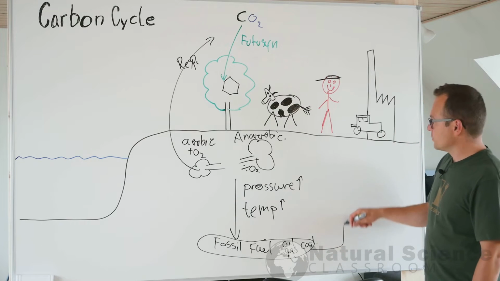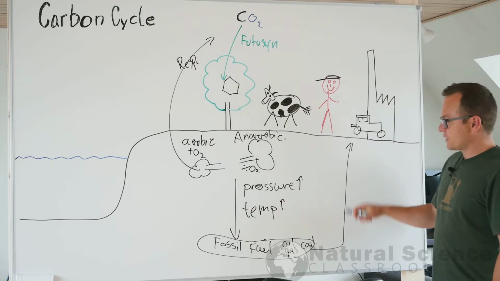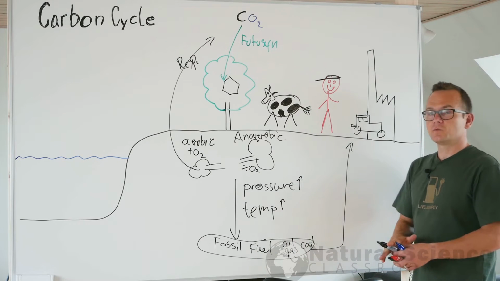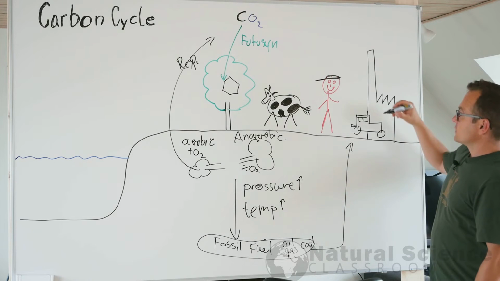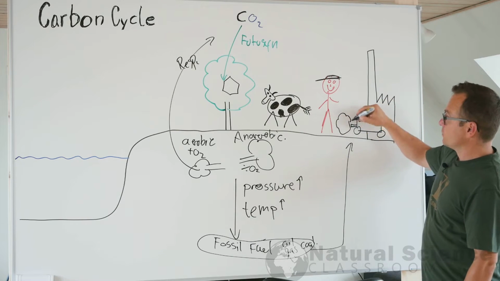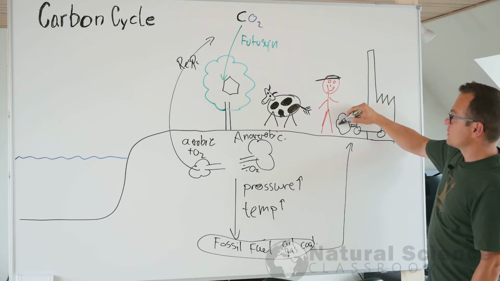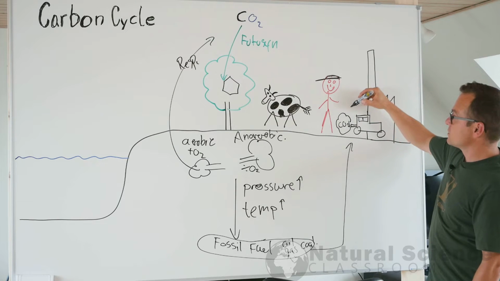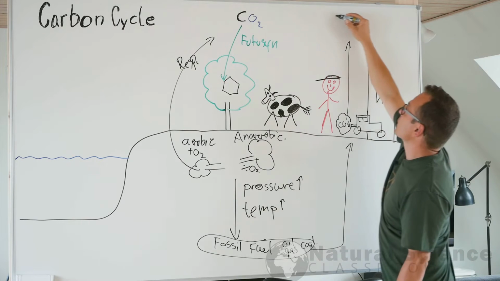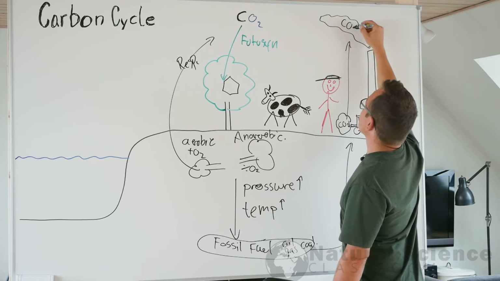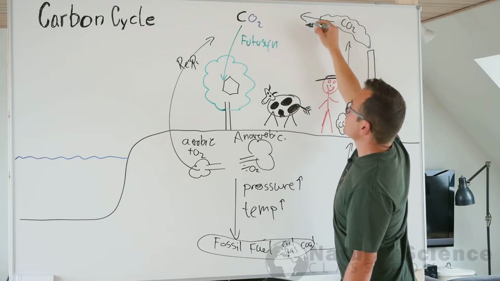That will be that human beings are digging up the fossil fuels and we put them in combustion engines. In the combustion engines, it will be made back into carbon dioxide and then it goes into the atmosphere again. So now we've got the cycle closed.